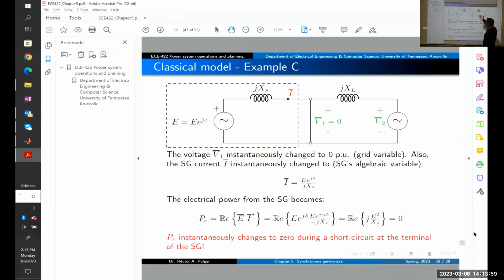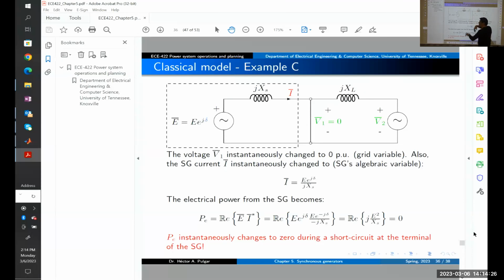So during the short circuit, that's the situation we have. Because the voltage and current from the generator and the voltage at the grid can change instantaneously, we are assuming that the energy involved with those variables is 0. Therefore, this variable can take any value immediately, and that will happen with the short circuit.